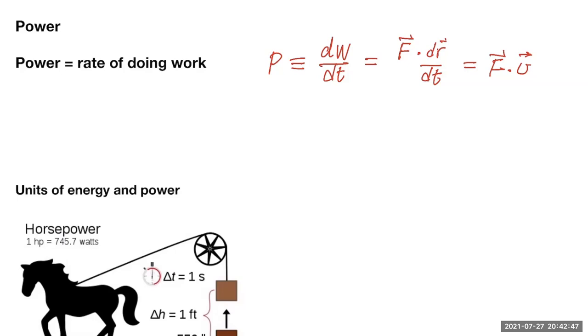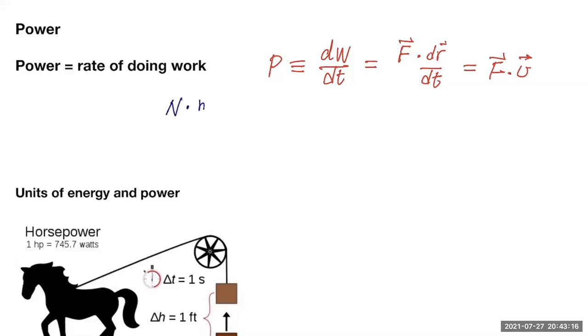Now, what is the unit of power? Anytime you see a new physical quantity, you want to pay attention to its unit. In the case of power, there are actually a number of different units being used. The SI unit for power is, if you break it down to fundamental units such as kilograms, meters, and seconds, we can see how we can do that. The unit of power would be that of force times velocity. Force, so that's Newton times meters per second.